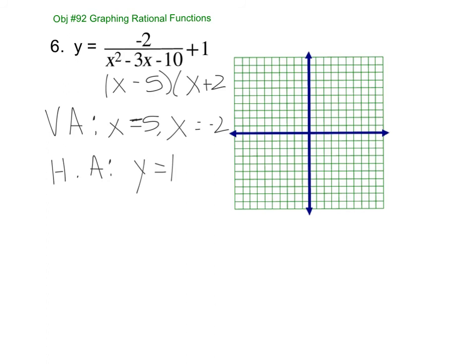So I have +5, 1, 2, 3, 4, 5. I wish I could make it skinnier, but oh well. +5, -2, and 1.